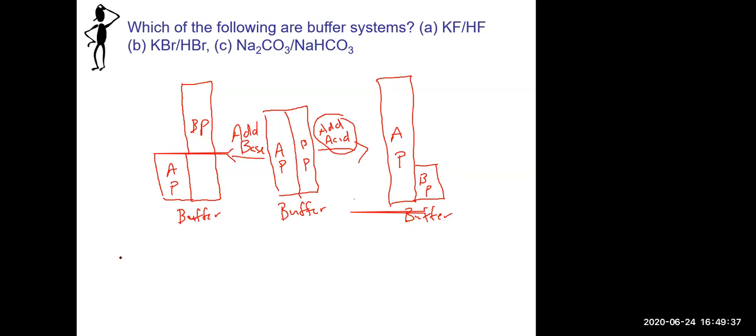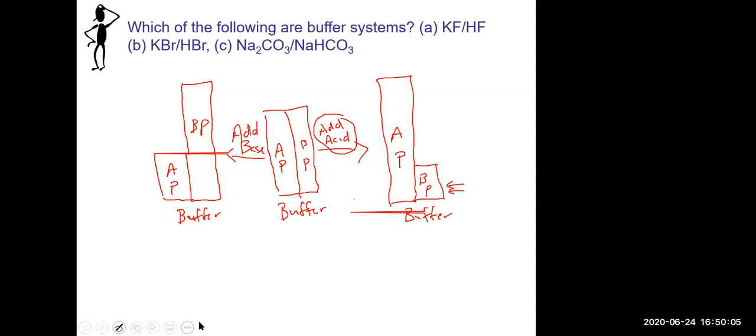As you continue to add the acid, obviously you're going to continue to use up the base part of the buffer, until at some point you're not going to have much base part left. And at that point, if you continue to add the acid, it doesn't stop you. It doesn't deter you. You just keep going.